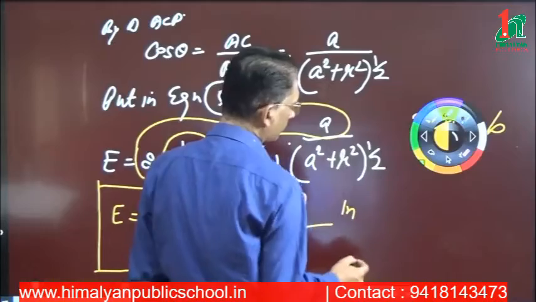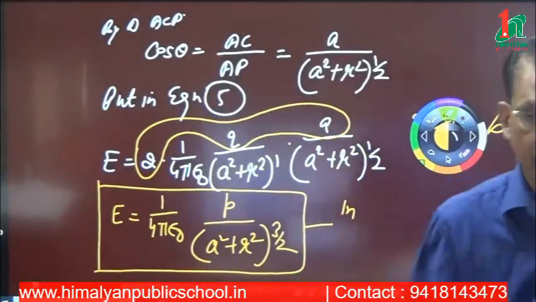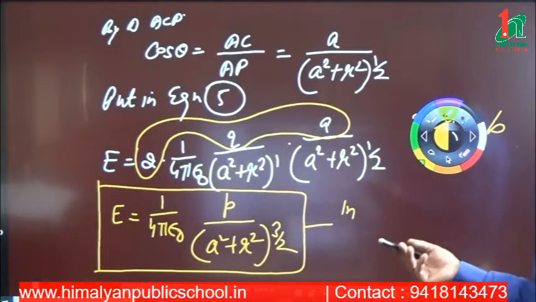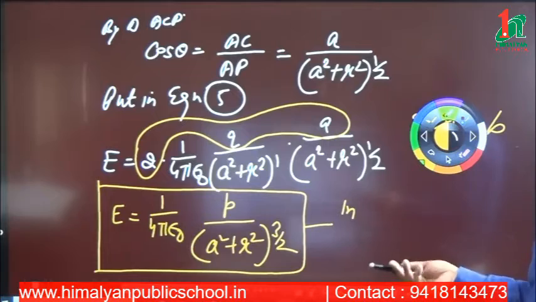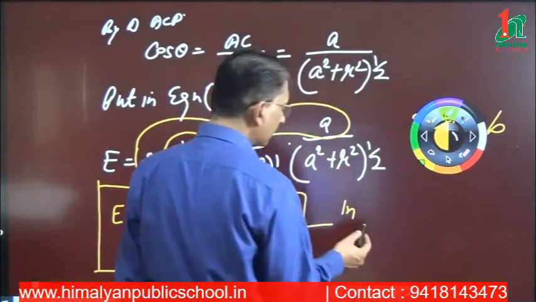This is the equation for the value of electric field at point P, situated on the equatorial line, due to the dipole having charges plus q at A and minus q at B, and this result is in scalar form.